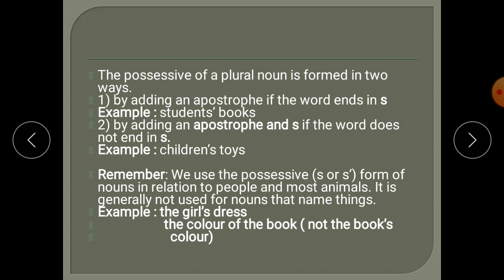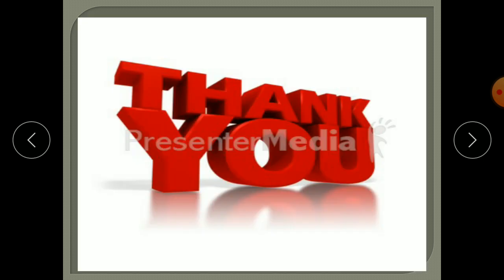But we will not say the book's color because book is a thing. In this case, we will say the color of the book. So remember that we use the possessive form of nouns in relation to people and not in relation to things.